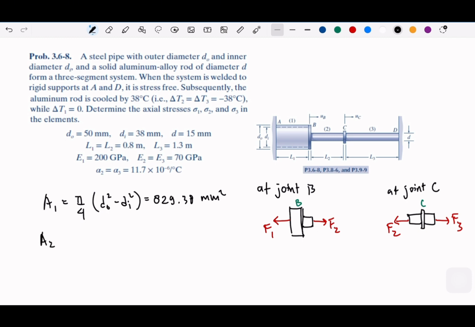And then A2 will be equal to A3, equal to pi over 4 d squared, with d of 15 millimeters, around 176.71 millimeters squared.